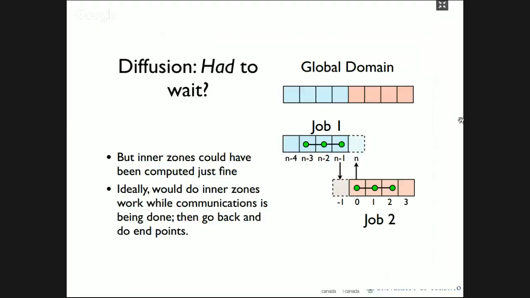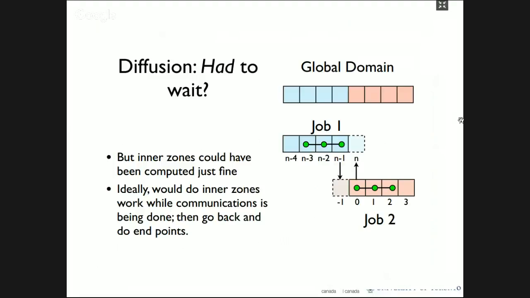So what I could do is loop twice. I could send my message, loop over all my interior points, get the new message, and then just update the very last 3. And when there's only 4 cells, that doesn't make any sense.